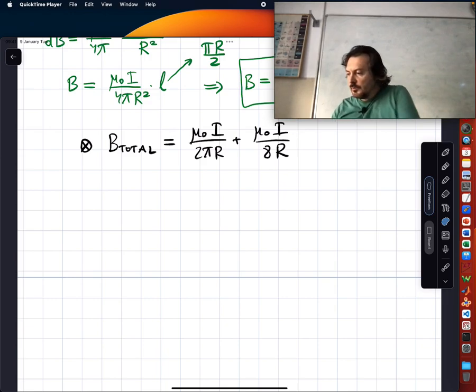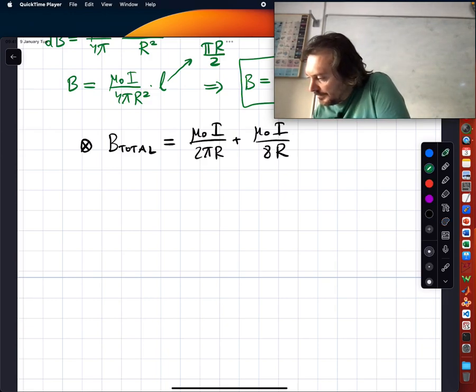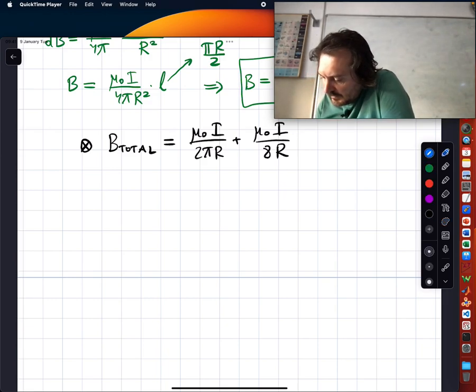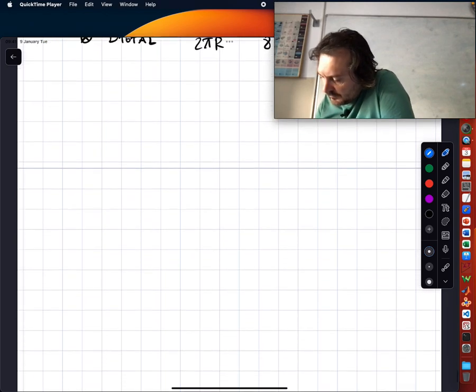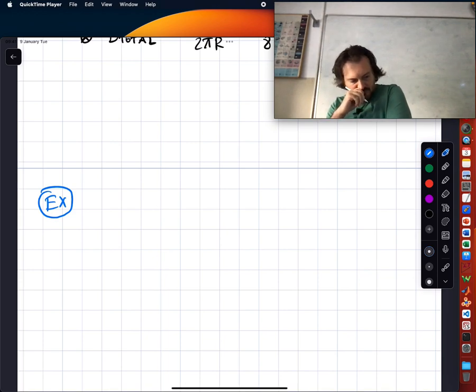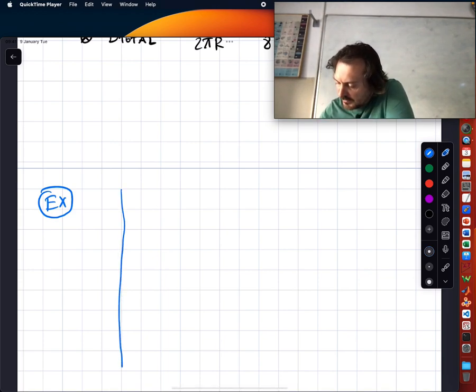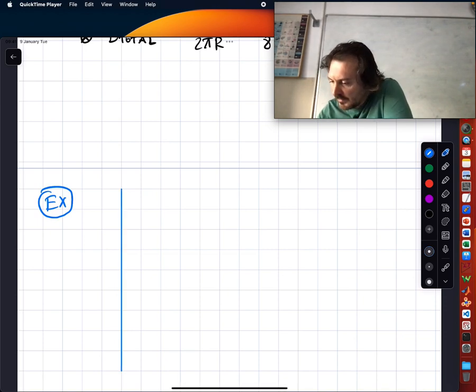So let's continue with yet another problem, yet another question. Let me write down here. In this case, I have a wire like this. This is the first wire and it's carrying a current of I1.